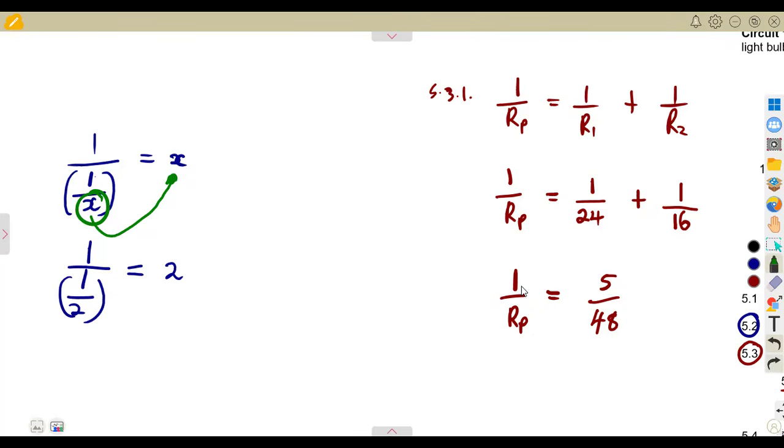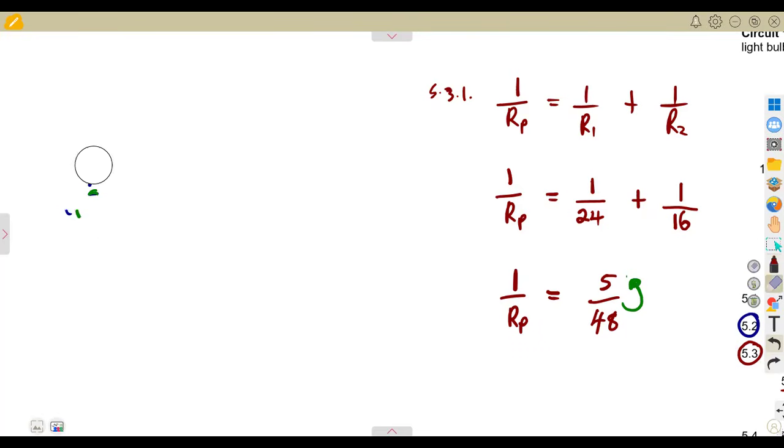In the same manner, I want to find Rp, so I'm going to simply take 1 over this. You interchange this side, and also interchange this side.